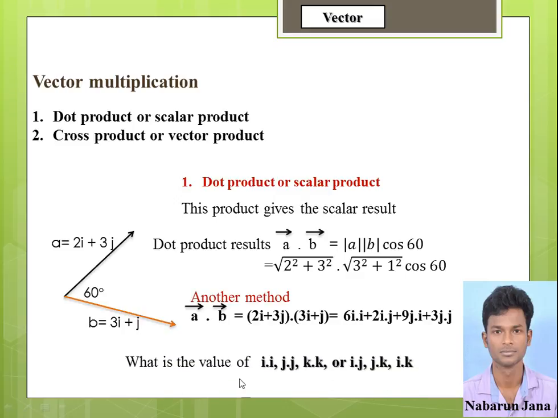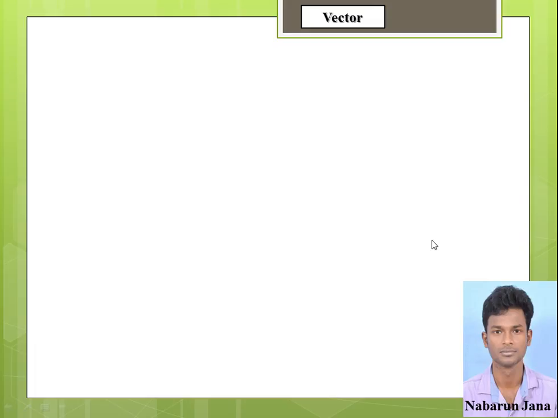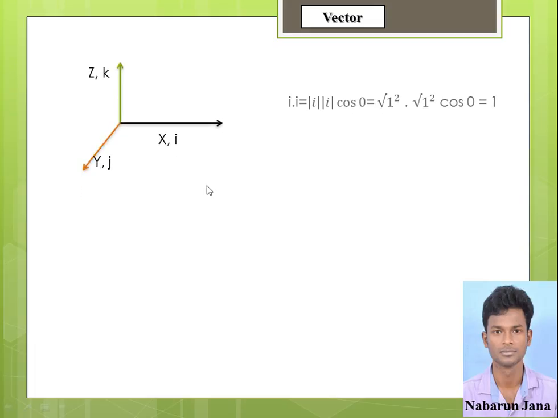So what is the value of i dot i, j dot j, k dot k, or i dot j, j dot k, i dot k? Let us find this by the formula a dot b equals mod a mod b cos theta. So these are the axes. i dot i is a vector because it is in the direction of the x axis.